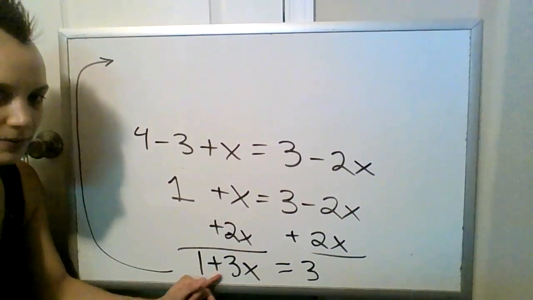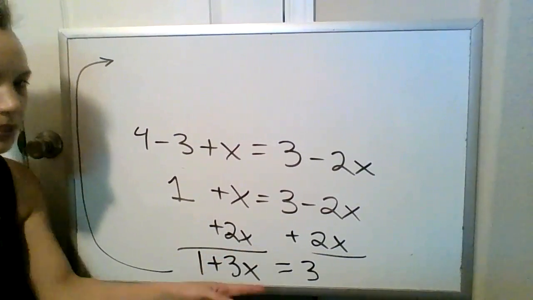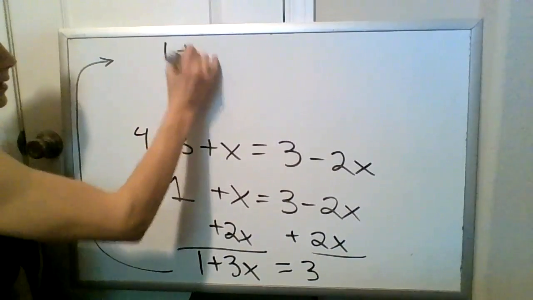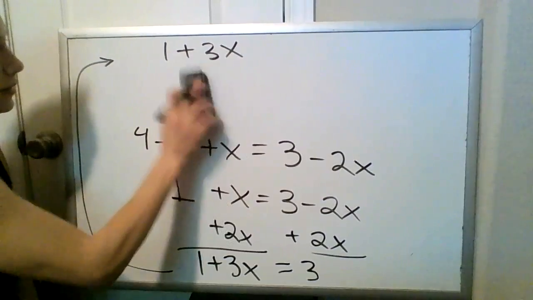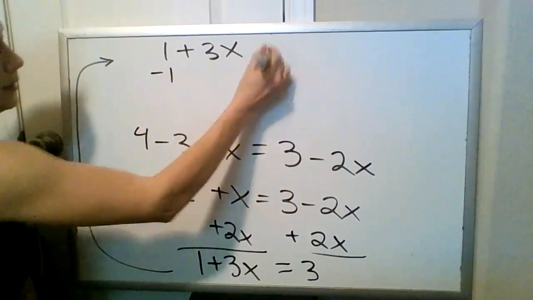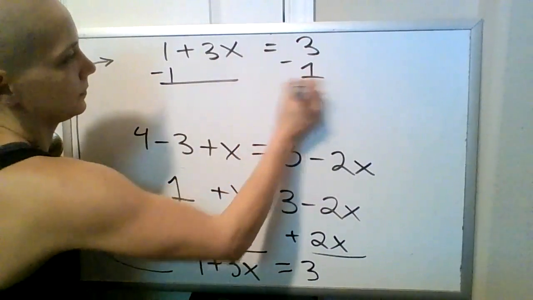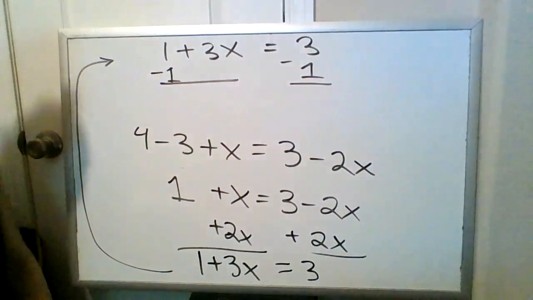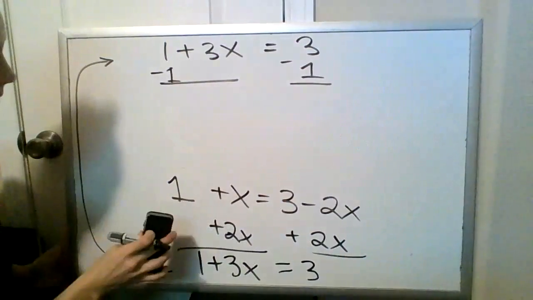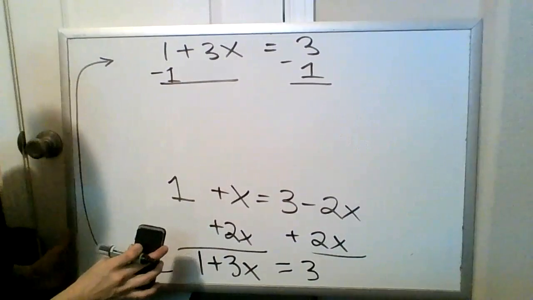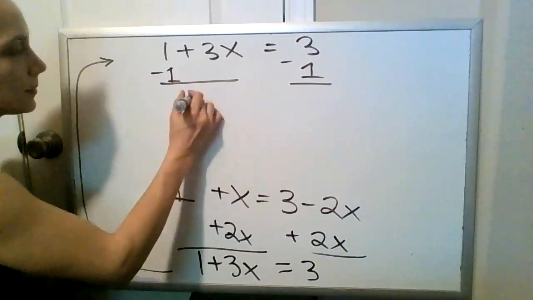And let's have that x value stay on this side and then subtract 1 from both sides. Let's do it like this. So I have 3x equal to 2.